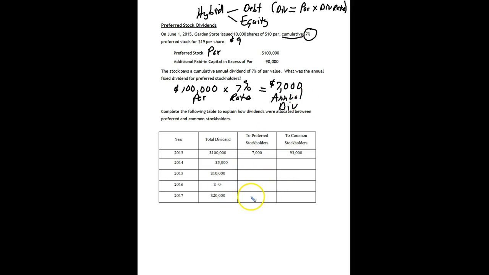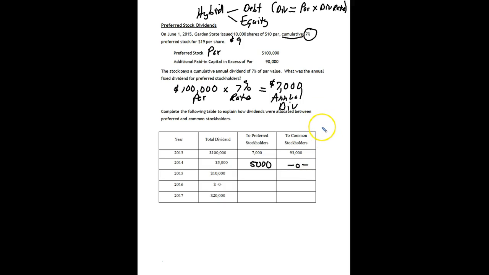So let's do this table. If the board of directors declared a $100,000 dividend, first we would give $7,000 of that to the preferred, and then anything left over goes to the common shareholders, the remaining $93,000. But what happens in the following year if we only pay a $5,000 dividend? Well, all of that will go to preferred, and nothing will go to common.